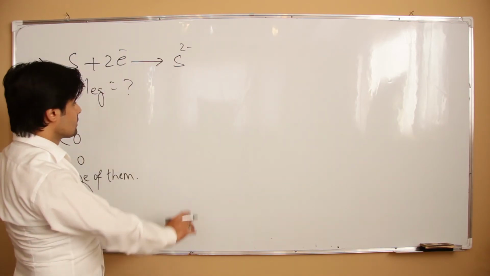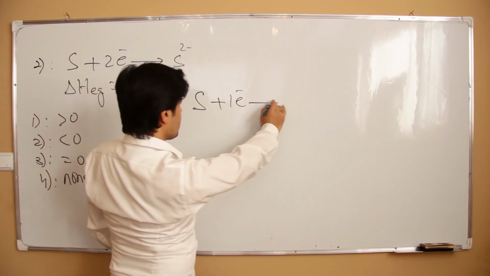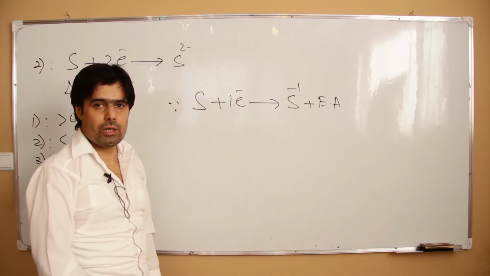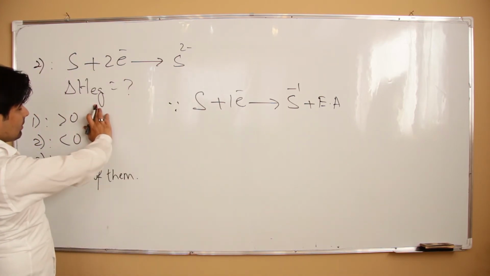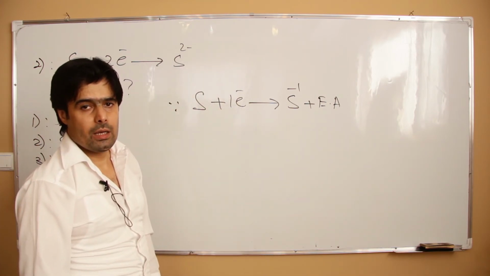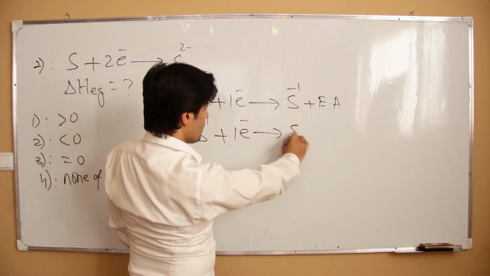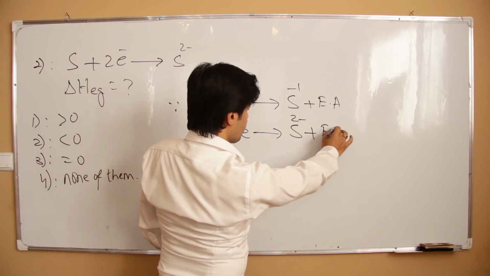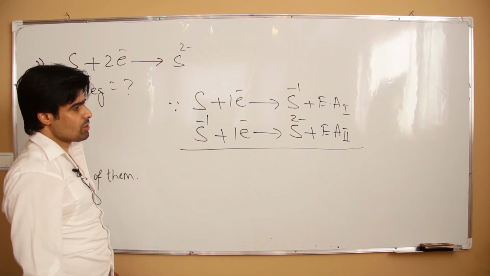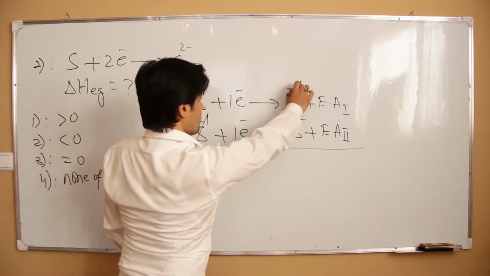First, we have sulfur plus 1 electron, it is S negative, and we are talking about electron affinity. Generally in the lectures we find electron affinity, and vice versa, electron affinity would be electron gain enthalpy. And we have this S negative plus 1 electron more, it is S2 negative plus electron affinity second. This is first. Now we have the first equation and the second equation, and I will sum both of them. The sulfur on the left with the sulfur on the right would be cancelled.